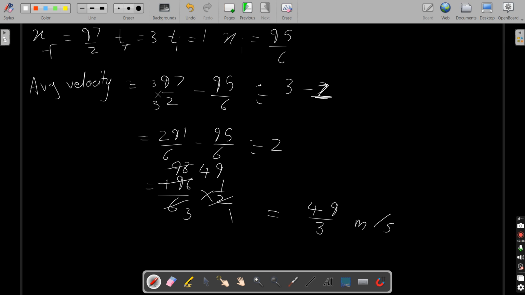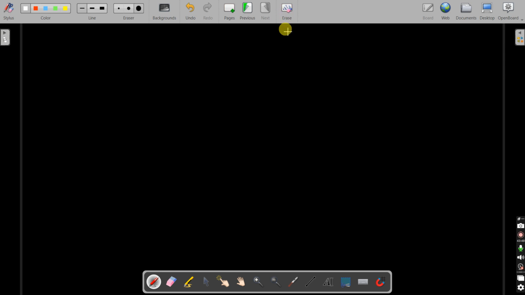Another thing they asked was initial position, which we calculated, and average velocity, again calculated. The third thing is instantaneous velocity, that is, the velocity at any general time t, at an instant.